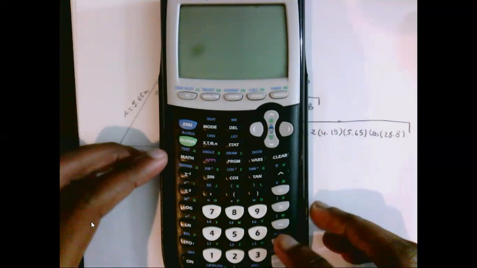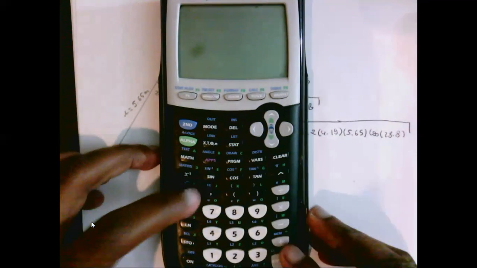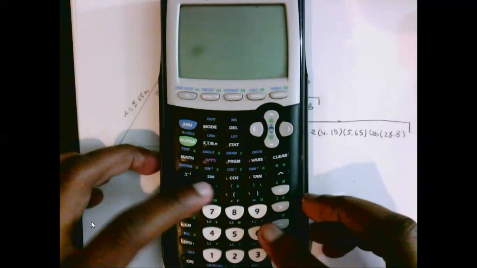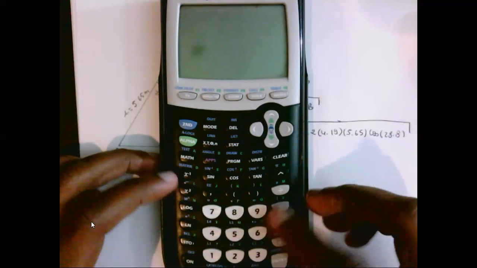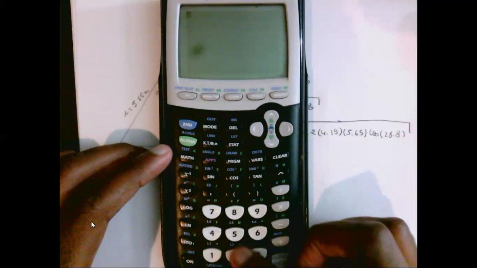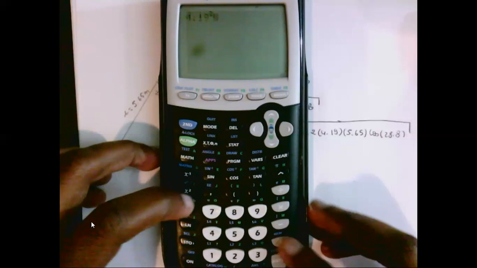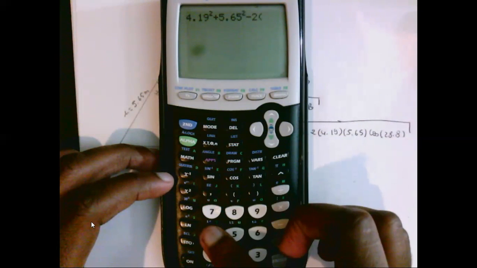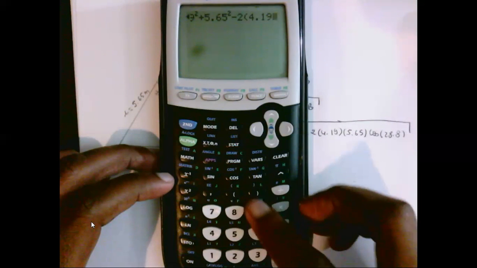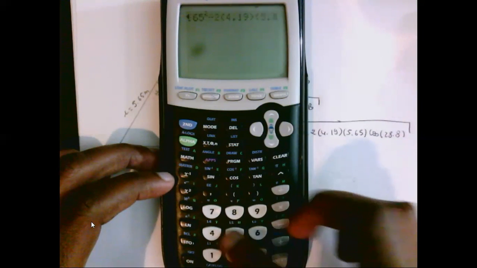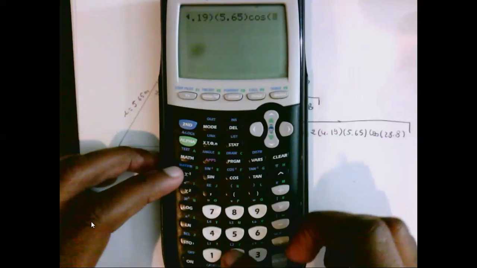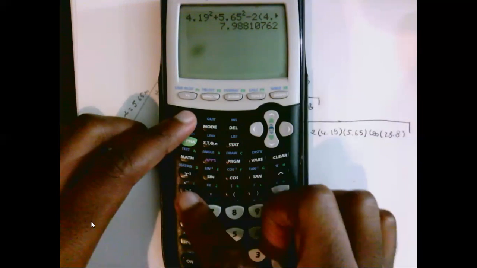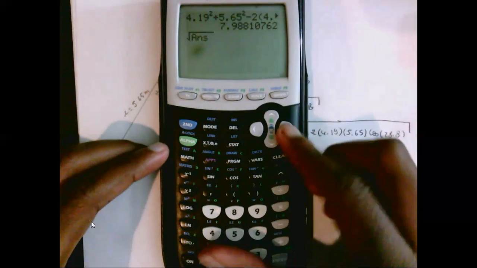I have 4.19 square plus 5.65 square minus 2 times 4.19 times 5.65 cosine of 28.8, like that. I get this number, and then I take the square root of that.